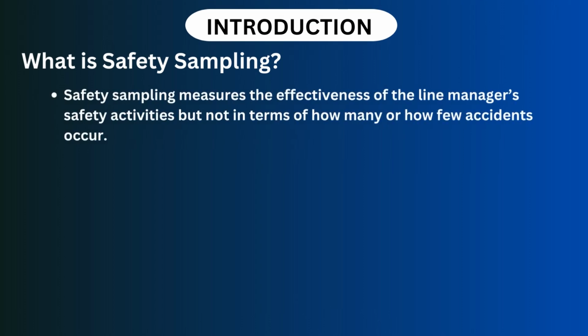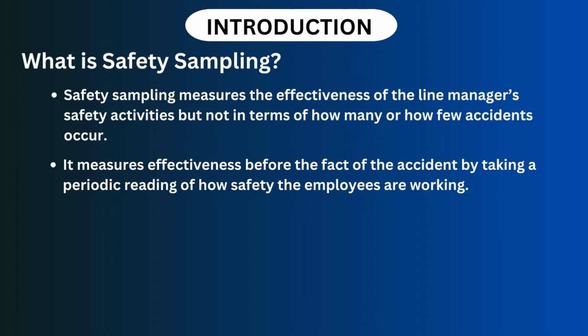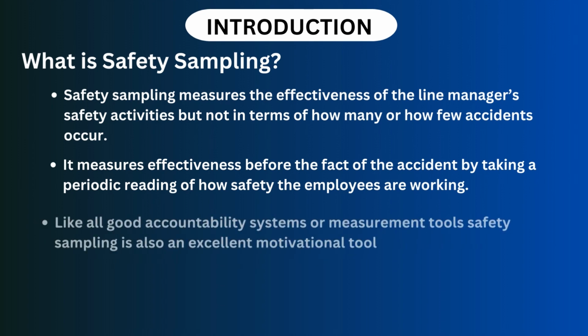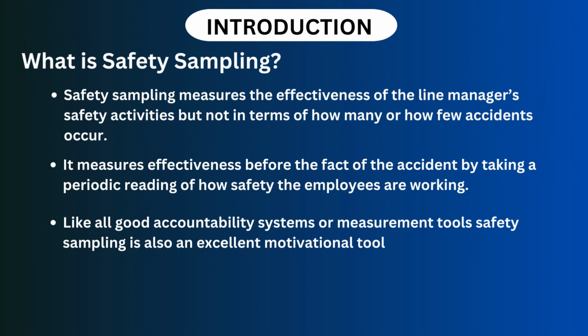Safety sampling measures the effectiveness of the line manager's safety activities, but not in terms of how many or how few accidents occur. It measures effectiveness before the act of accident by taking a periodical reading on how safely the employees are working. Like all good accountability systems or measurement tools, safety sampling is also an excellent motivational tool.